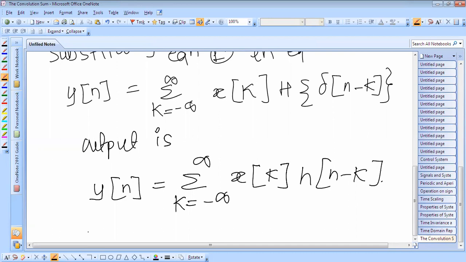This is the direct consequence of expressing the input as a weighted sum of the time shifted impulse basis functions.